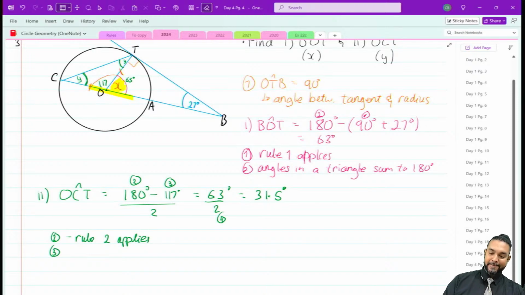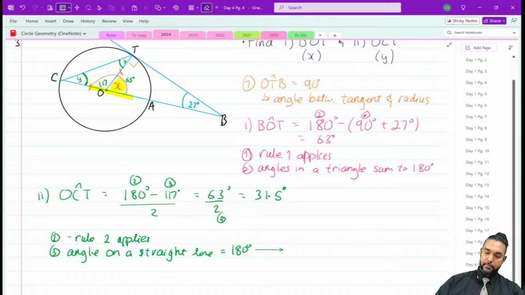Rule 3, the angle on a straight line is equal to 180 degrees. And then rule 4, base angles of an isosceles triangle are equal.